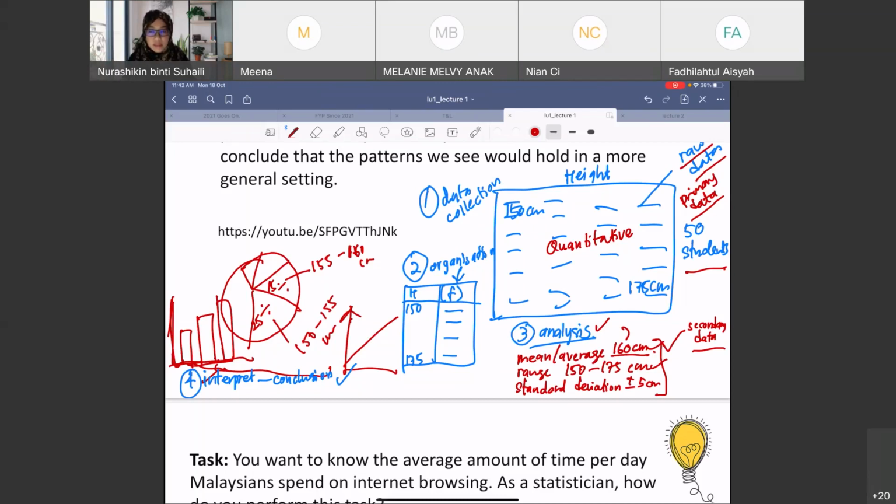In science, for example, when you are analyzing morphology, which means the physical characteristics, let's say you are analyzing bacteria under the microscope. You would see different patterns of bacteria.